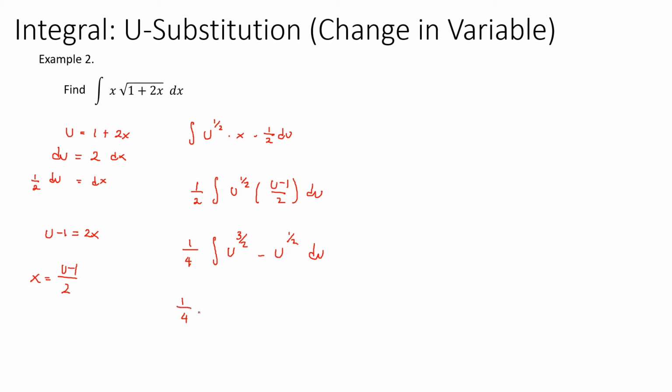We could use the power rule once again to solve this out. So it'll be 2/5 u to the 5/2 power minus 2/3 u to the 3/2 power plus c. Now substitute your u back in and distribute that 1/4 and you should have your answer.